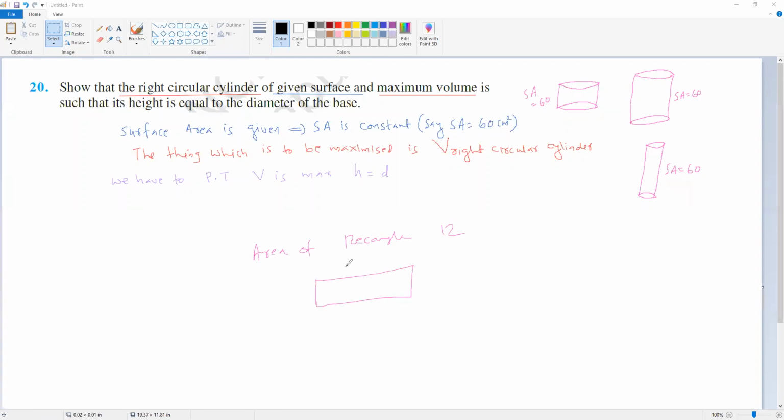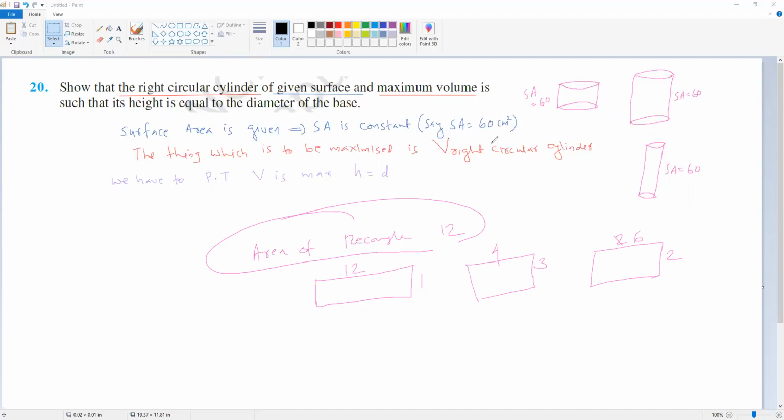So अलग अलग rectangle हो सकते हैं ना, जैसे length 12, breadth 1, length 4, breadth 3, length 6, breadth 2. We can have different rectangles. सिर्फ इतना बोला है कि area of the rectangle is 12. So we can have different rectangles.